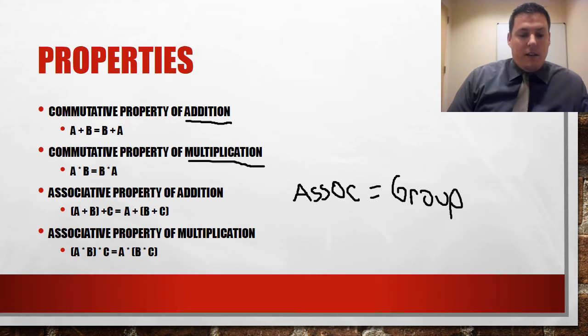So here, if we have A plus B in parentheses plus C, that's the same as saying A plus B plus C. Even though you add parentheses, the order of operations doesn't matter because you're using the same operation. So addition and multiplication have these properties called the associative property that allows us to change the grouping.